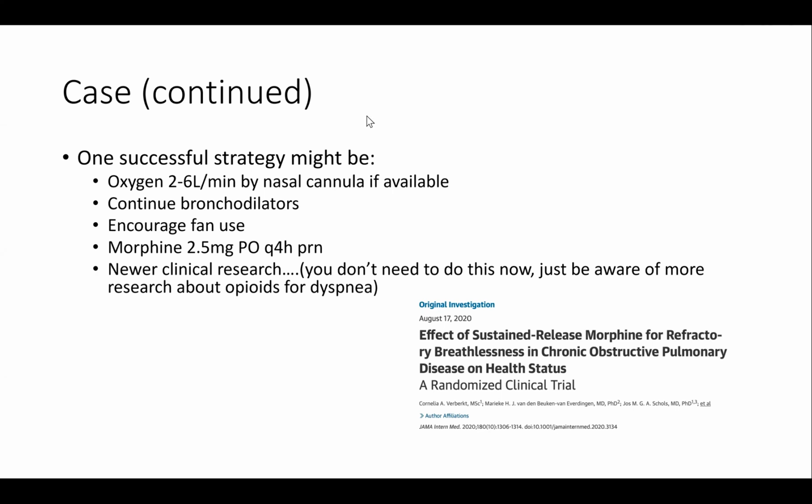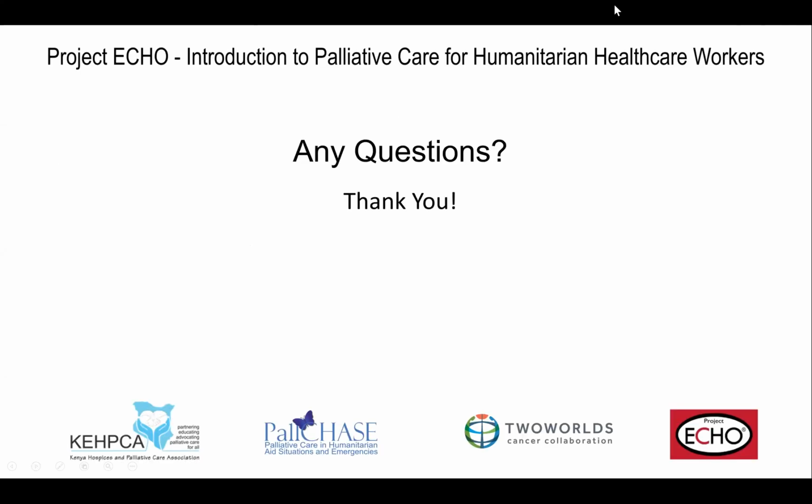Right. But this patient could continue, once things are stabilized with morphine, bronchodilators and fan, that sort of treatment possibly could continue after discharge. Thank you. Next, Erin. Yeah, I think that's it, if there's any questions.